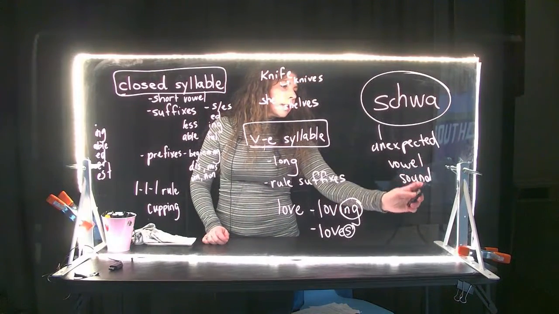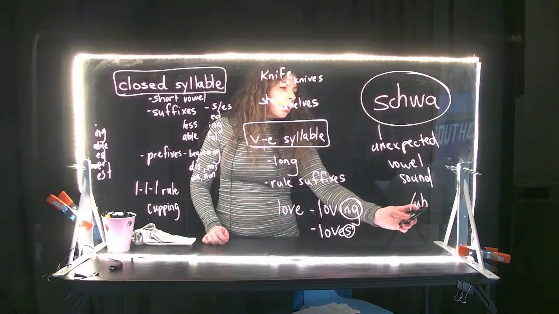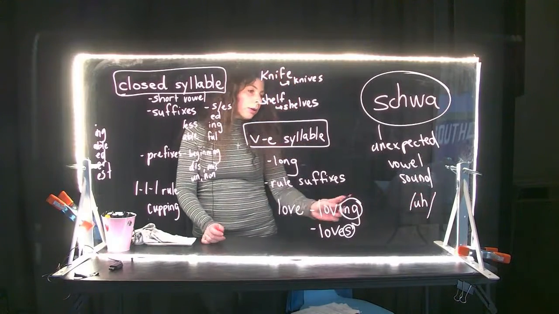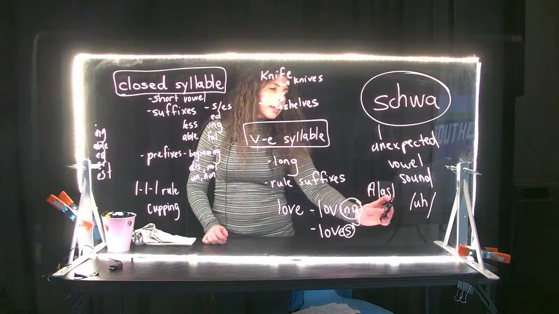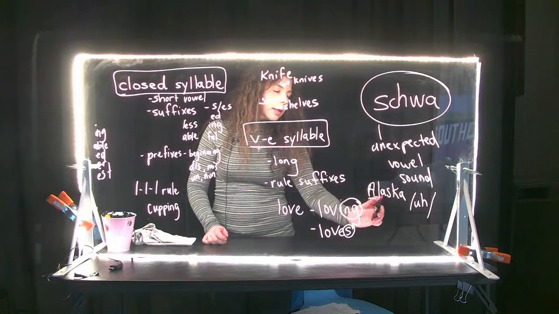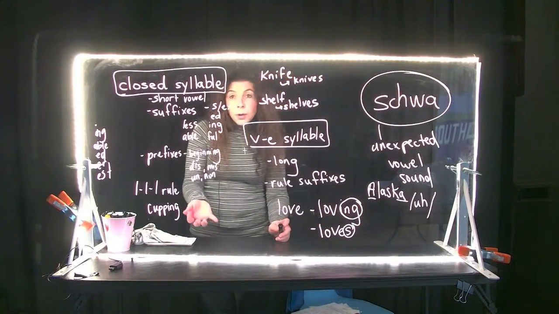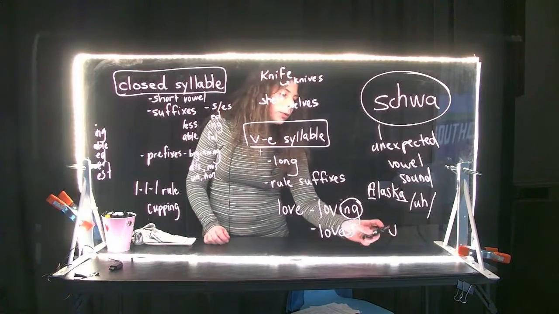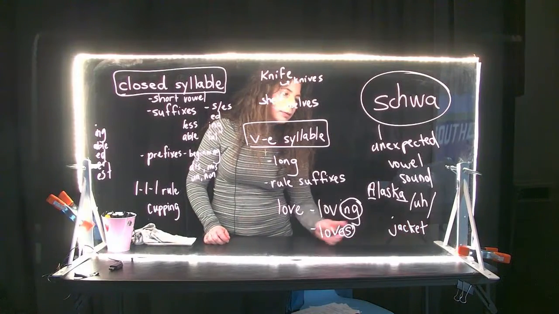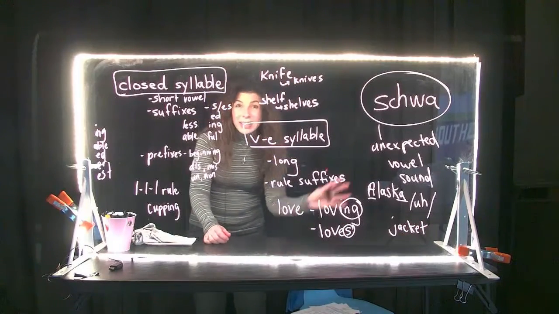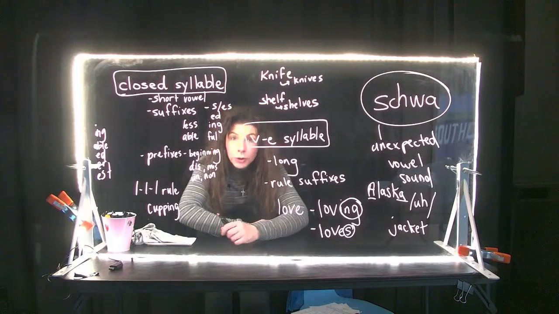Most of the time it sounds like uh, or you might not even hear it at all, like in the word Alaska. Alaska, right? That has two schwas. Or sometimes it gets eaten up and you don't hear it at all, like in the words jacket, pocket. That's a lot that we've learned.